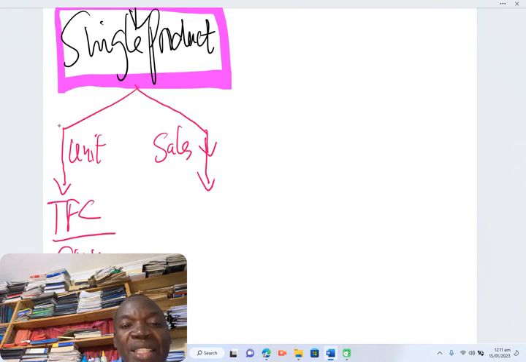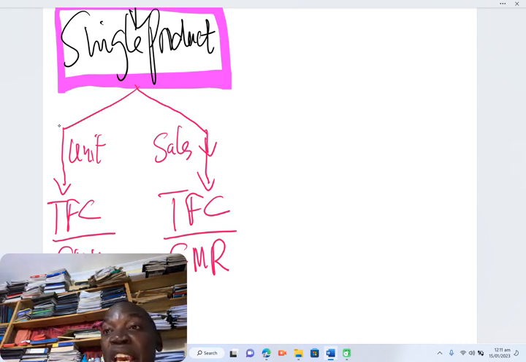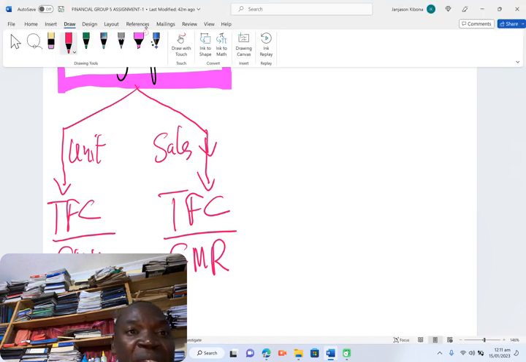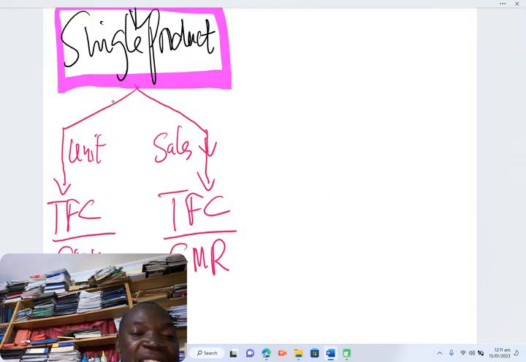But on sales revenue, it is defined as total fixed cost divided by CMR, contribution margin ratio. This is the break-even point if we have been given a single product. That is, we have two formulas here.